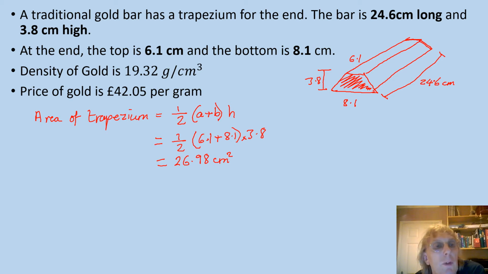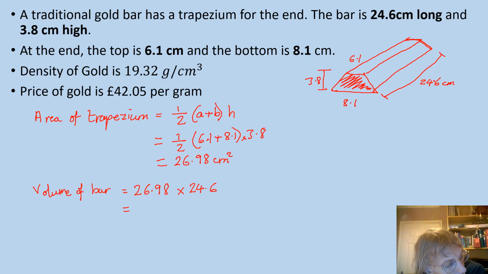So the volume of the bar, all we've got to do is 26.98 multiplied by the length, which is 24.6, and you put it into your calculator and it comes out at 663.7 centimeters cubed.